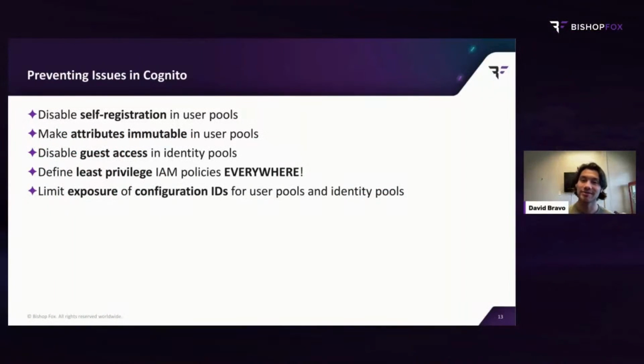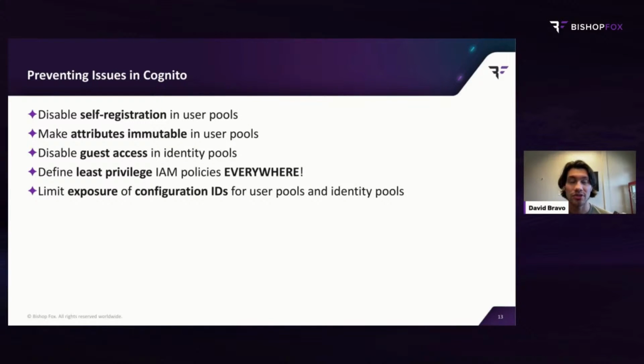Preventing issues in Cognito. So now that we've discussed some of the configurations, how to exploit them, overall what AWS Cognito is, these are some tips or some things to keep in mind as you're designing your application or assessing an application for vulnerabilities when using AWS Cognito. First things first, disable self-registration.